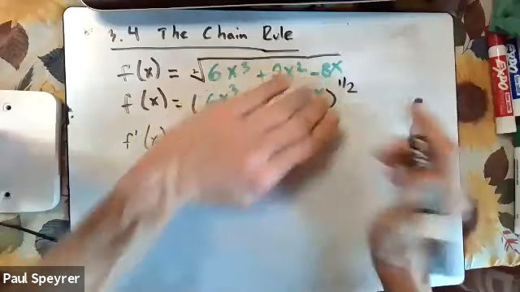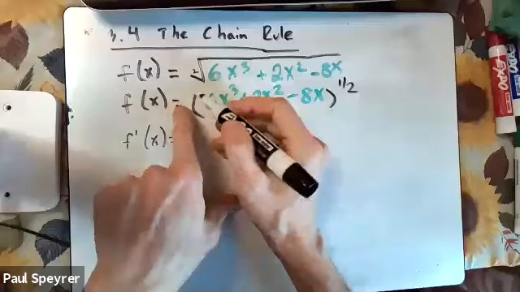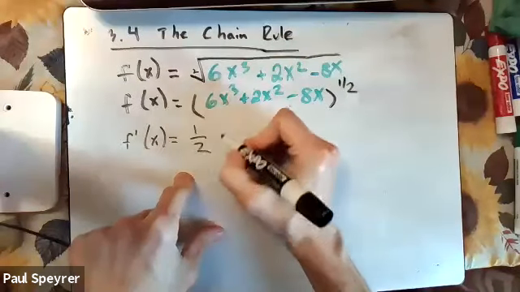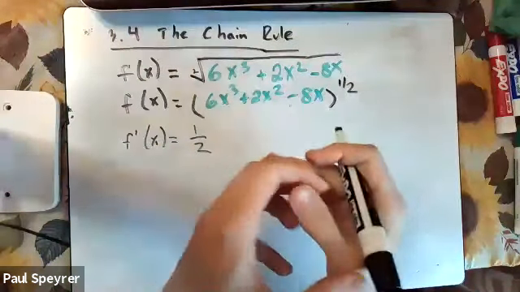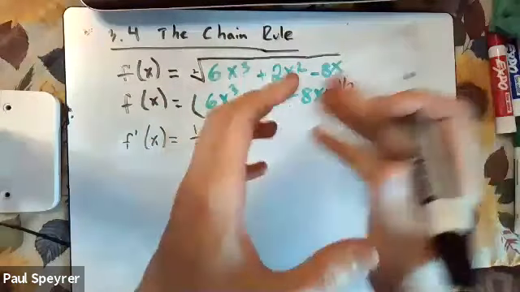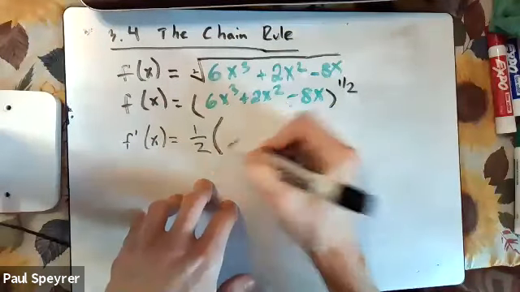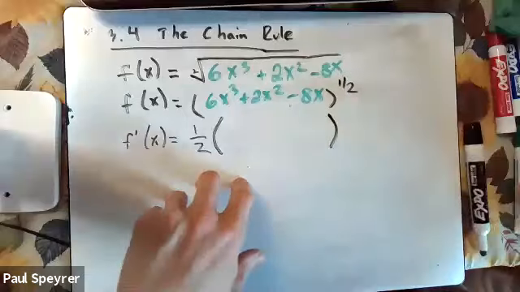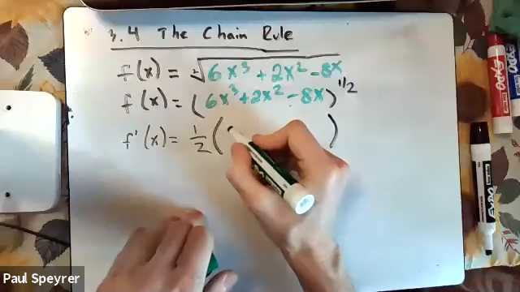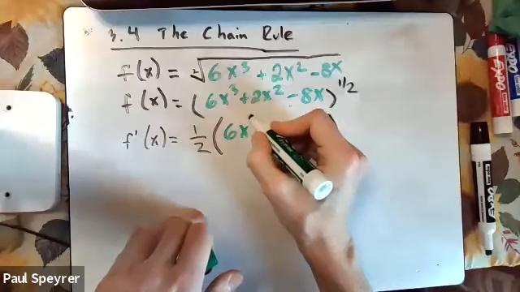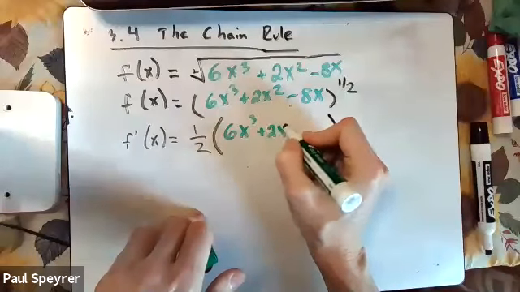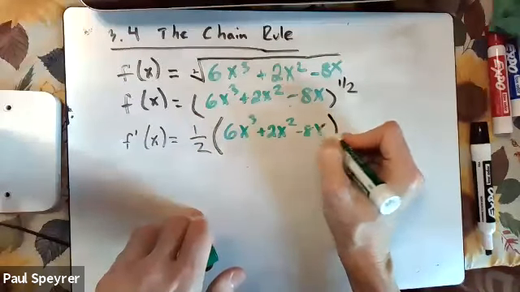Well, that's just the power rule. So we take that 1/2, move it out in the front. Remember, when you do the chain rule, when you derive one part, the inner stuff does not change. So this is still 6x cubed plus 2x squared minus 8x.